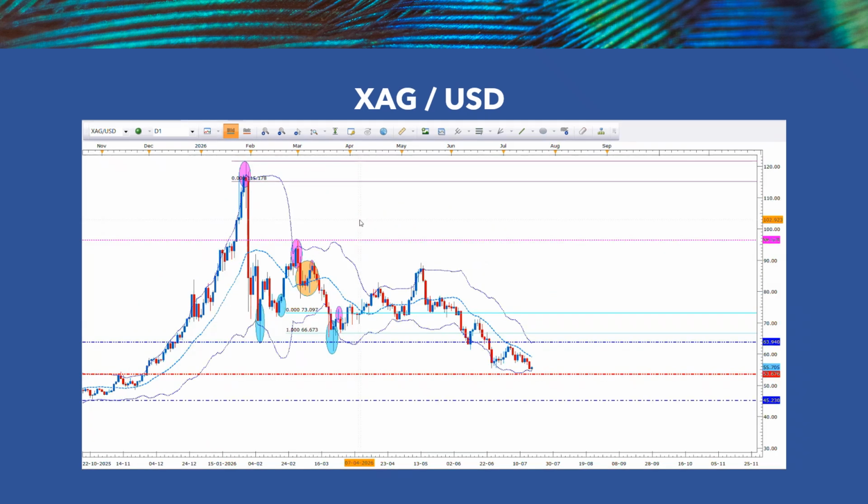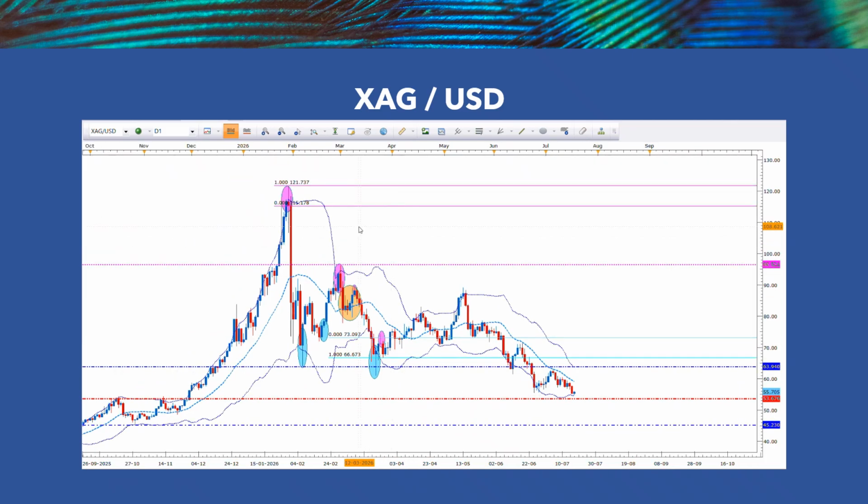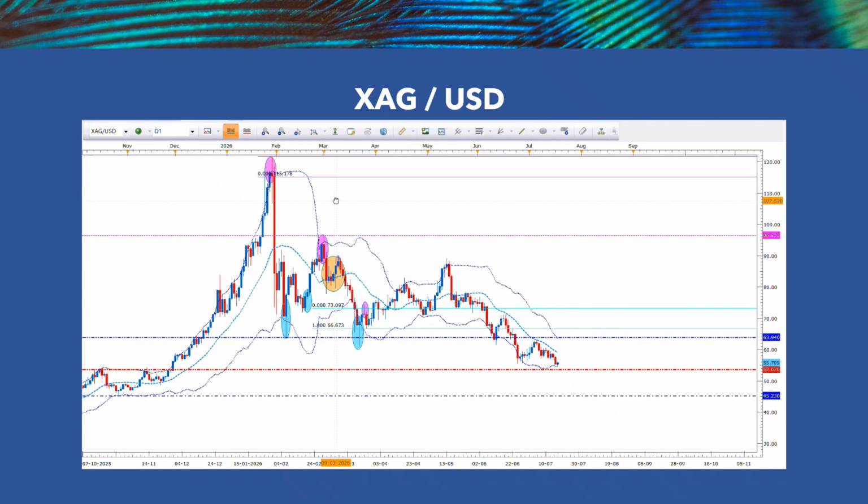The chart on our screen is that of XAG/USD, the silver-based ETF, and we're looking at the daily chart. Silver, after printing its all-time high at 121.73 in the month of January, came back down once the war between Iran and US was set off, and it managed to bounce off at 64.1, and then it got restricted at 96.2.